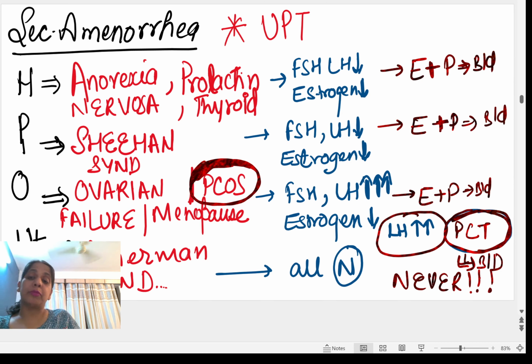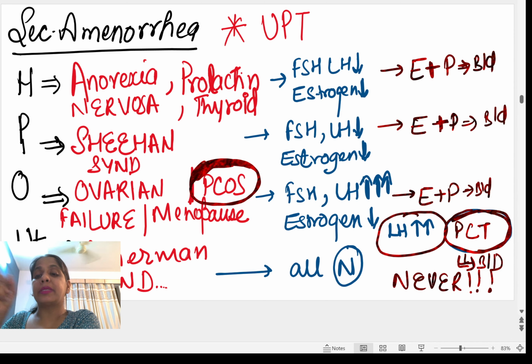FSH and LH are both decreased, and estrogen is also decreased. The same hypogonadism. And the same happens when there is prolactinoma, when prolactin is in excess.